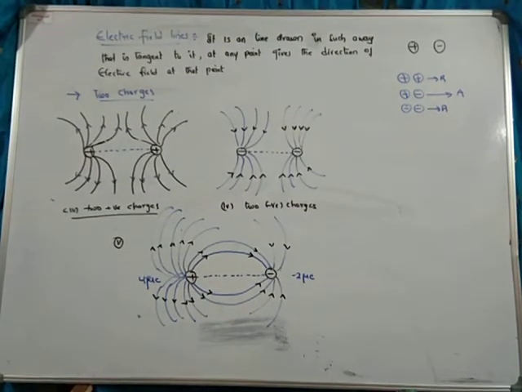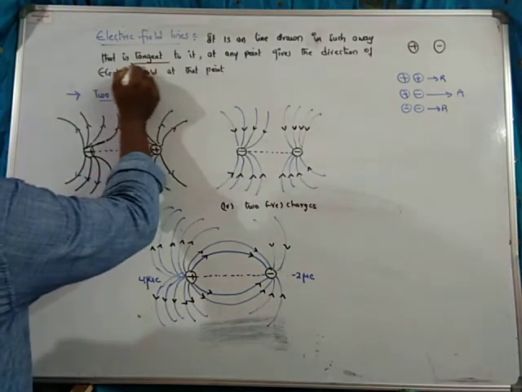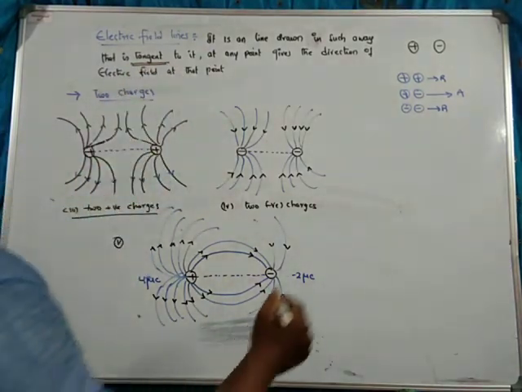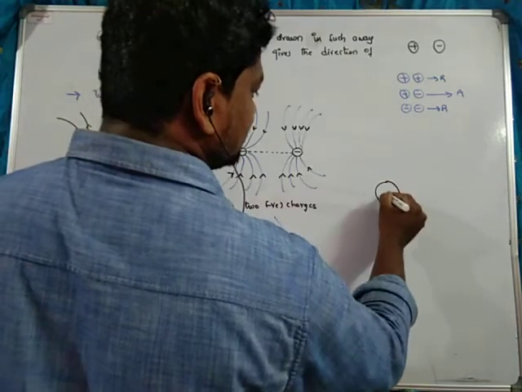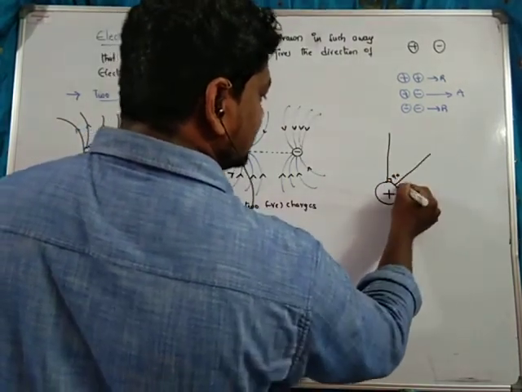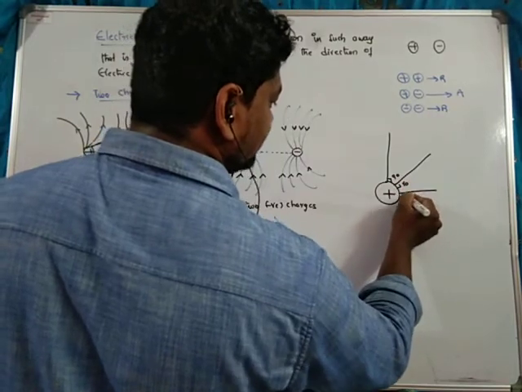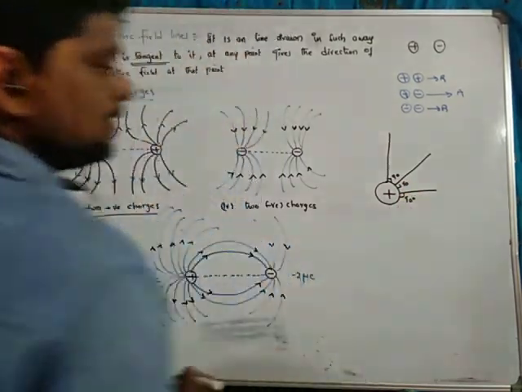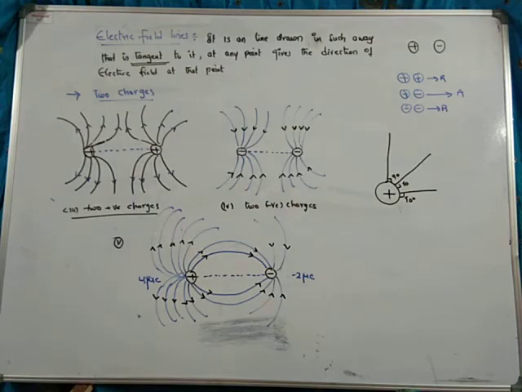And whenever we represent the field lines, they are always tangential. Always tangential means, if you consider a positive point charge, it's always 90 degrees with respect to that point, which will move in all directions.